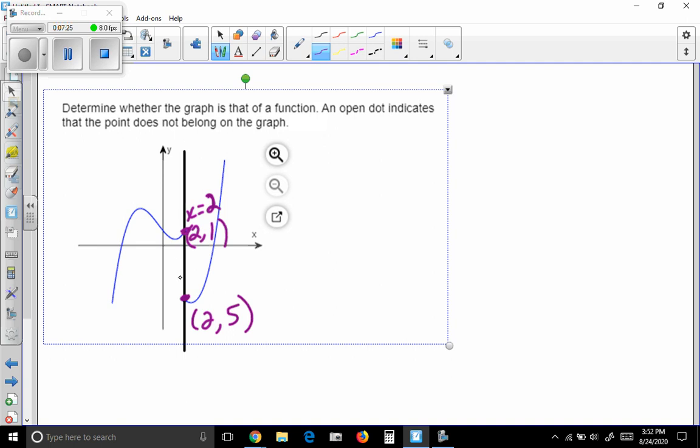So if a vertical line touches more than 1 point, both of those points have the same x value. They're over the same amount, hence the same x, but 2 different y's. So the same x with 2 different y's, not a function.